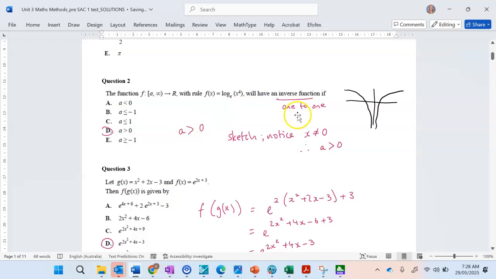For it to be an inverse function, it has to be 1 to 1. Obviously at the moment it's not 1 to 1. So a is just the lower limit of your domain. So a has to be greater than 0.